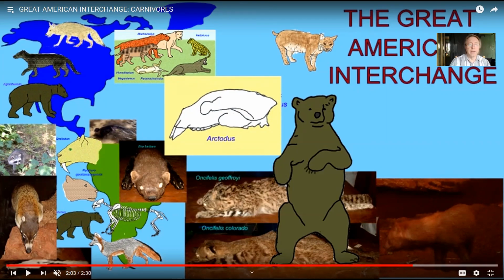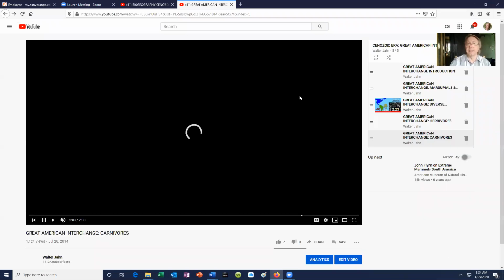And so there was this incredible influx of new species into South America. And so the effects were absolutely devastating to South America.